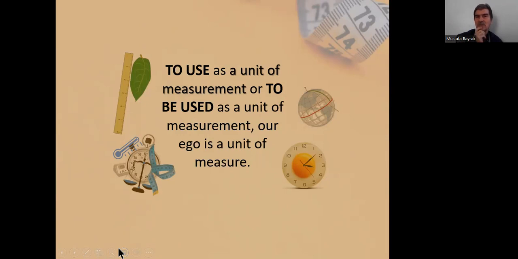Okay. Do you see the difference? To use as a unit of measurement is active, also possible, but to be used as a unit of measurement is also possible. Okay. We can start with one of them.